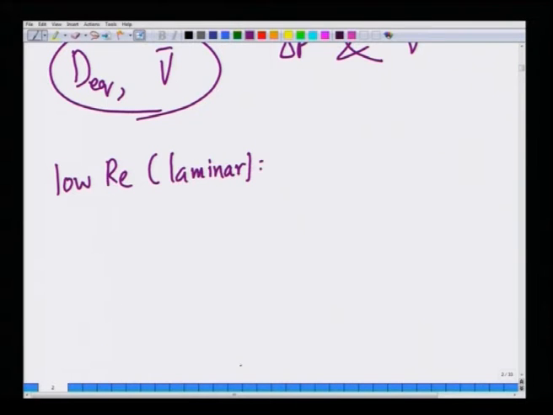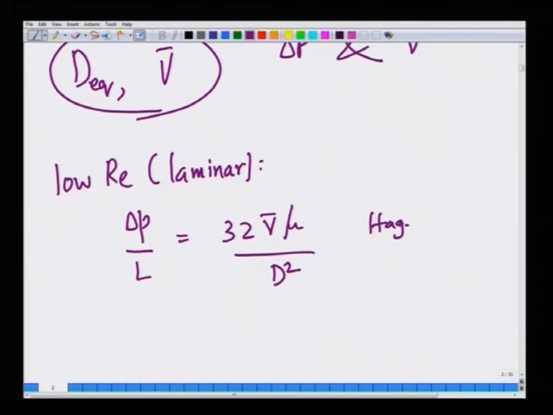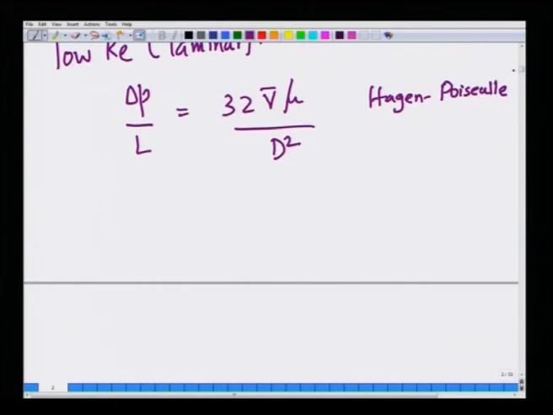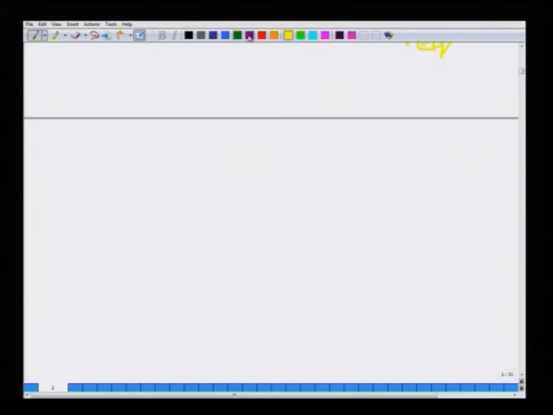We can assume that delta P by L will be given by the Hagen-Poiseuille relation for laminar flow in a tube. This is the Hagen-Poiseuille relation for pressure drop versus average velocity. Now, instead of d we are going to use D equivalent, and then we are all set to derive the pressure drop relation.